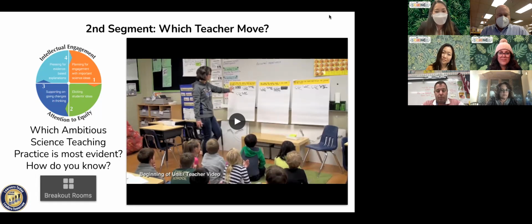I see we have 2s and 3s, some phrase maybe guiding questions, practice 2 and 3. Okay, how do you know? What did you hear or see that makes you go with 2 or 3?